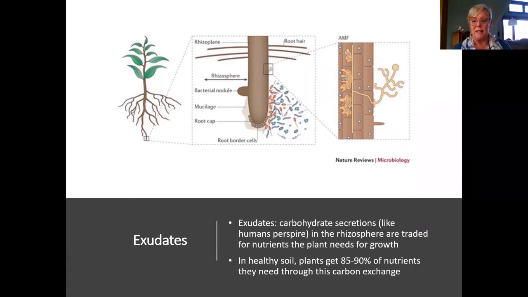And these soil organisms are really key to helping feed what the plant needs as the plant needs it. So in a healthy soil, you really don't need to be fertilizing, because plants are getting the majority of what they need simply through this exchange of exudates for nutrients. Otherwise, they are actually taking in some of it by air and getting whatever else they do need.